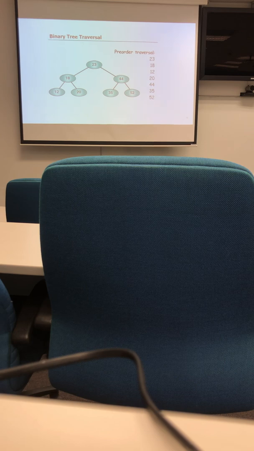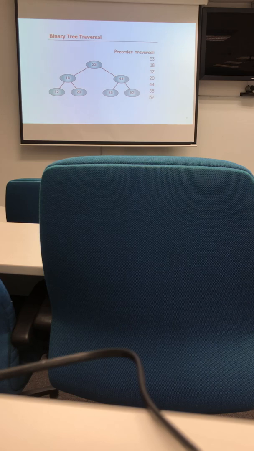For the right subtree, after we finish the left subtree, then we do the right subtree, again following the same method. Parent first. Which one is the parent of the right subtree? 44.